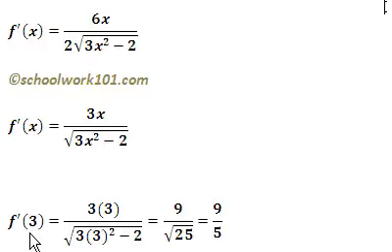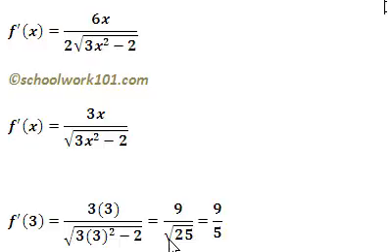Now remember that our x value is 3, and we want to find the slope of the tangent line when x is equal to 3. So we take 3, plug it into our function, and simplify it down. We end up with 9 over 5.